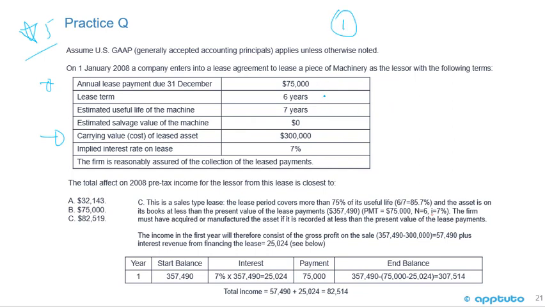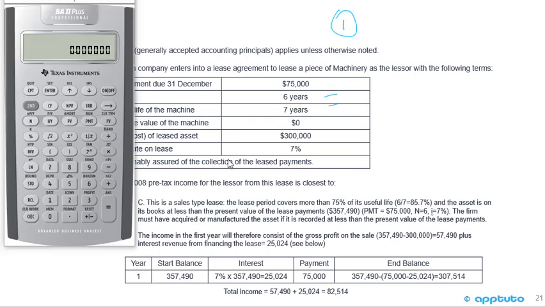We know it's a financing lease because 6 out of 7 years, okay? So let's just bring up our calculator. We're going to have to do the present value of the lease payments. Let me make sure that I'm in P/Y equals 1. Correct. So 0 future value on the lease. The payment is $75,000, and that's at the end of the year, so I'm in the ending mode.